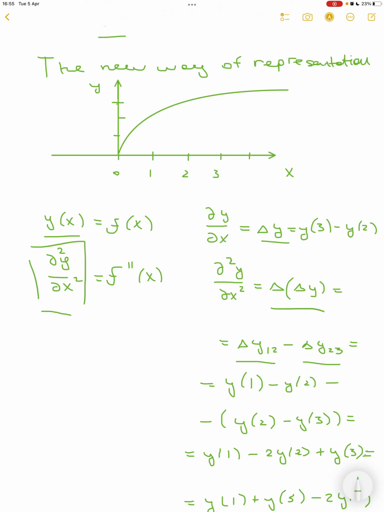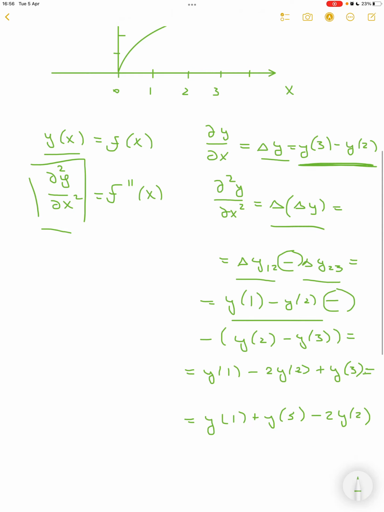In case delta y from 2 to 3 was this, then delta from 1 to 2 will be the same: y at 1 minus y at 2. Minus, we have this minus sign here, so it will be here as well, minus y at 2 minus y at 3.